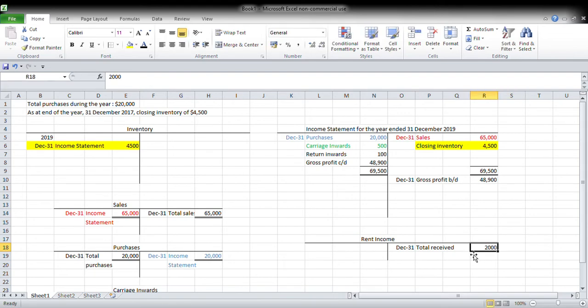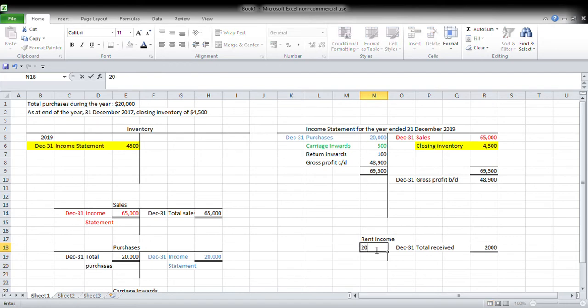And so, end of the year, I would transfer this to the income statement. 2,000 here, 2,000 here, and then I would put here, to income statement, December 31st. So this one is a debit entry.